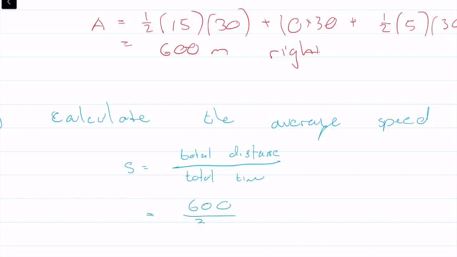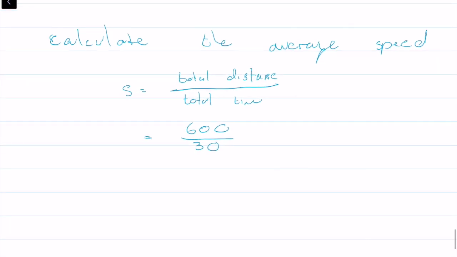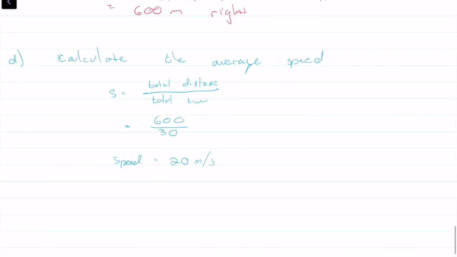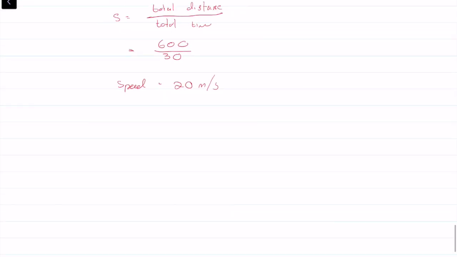If we divide these two things, our total speed was equal to 20 meters per second. And that is a scalar, so we don't need to give it a direction. So there's that answer.